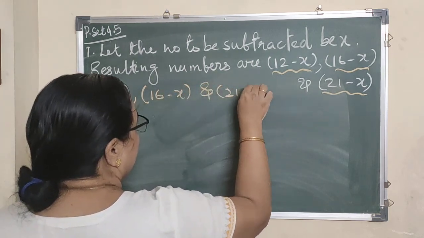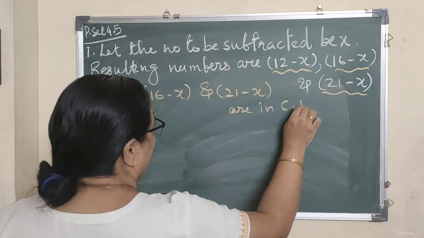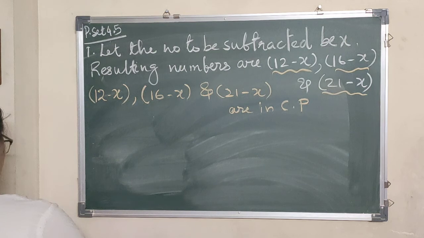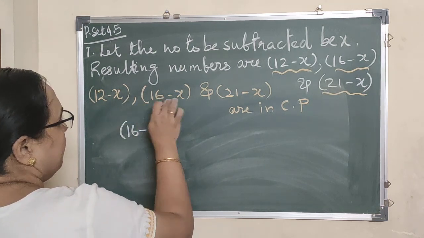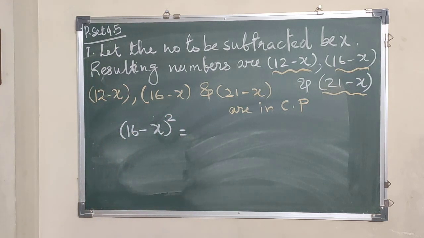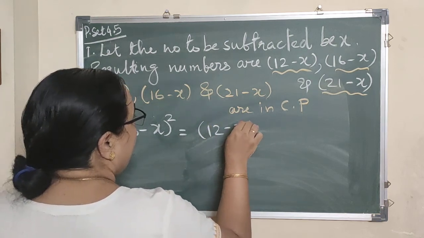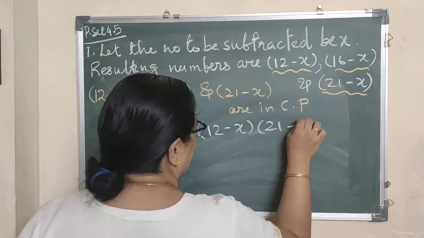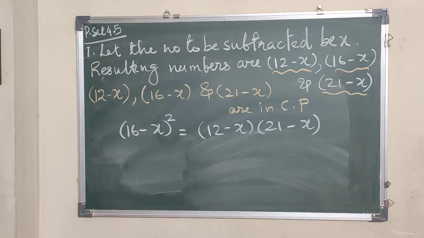So if they are in continued proportion, same way let us go further. The middle term here, the mean proportional, 16 minus x, equals the square, 12 minus x into 21 minus x. Let us go with the calculation now.